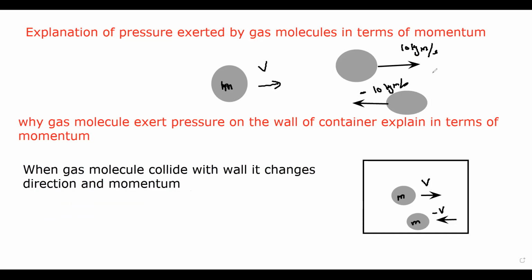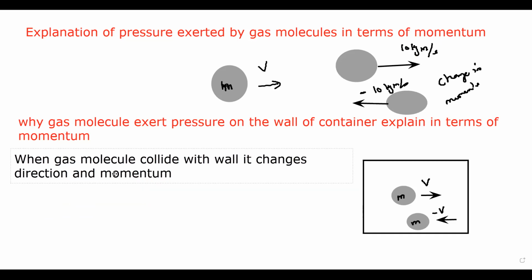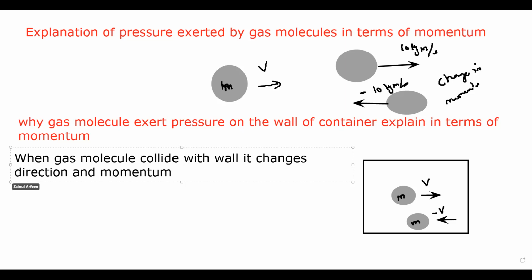So due to a change in direction, there is a change in momentum. That's the first point. Now what is the second point? Whenever there is a change in momentum, there should be a force.